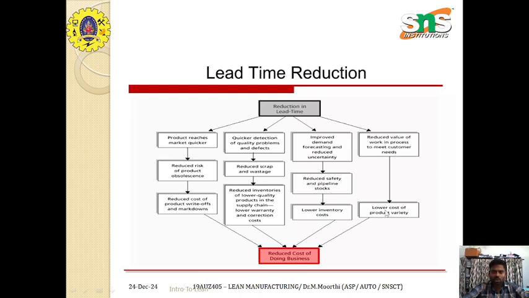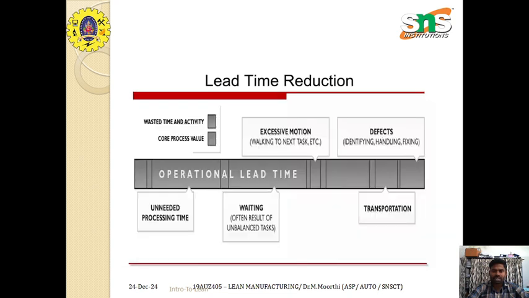It ends up with low cost of product variety, reduced risk of product obsolescence, and reduced scrap and waste. Finally we have the outcome called reduced cost of doing business. These factors directly affect the overall cost of time and the cost of the process in the industry.